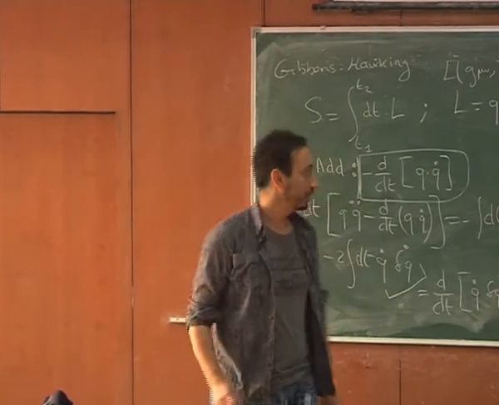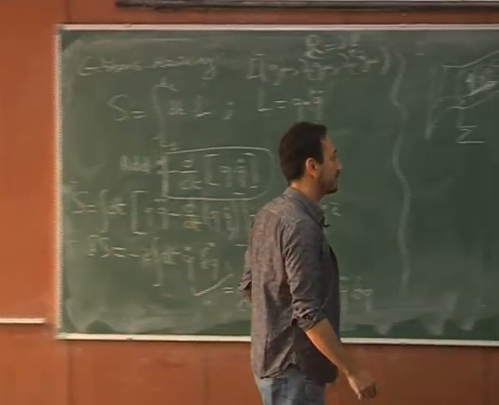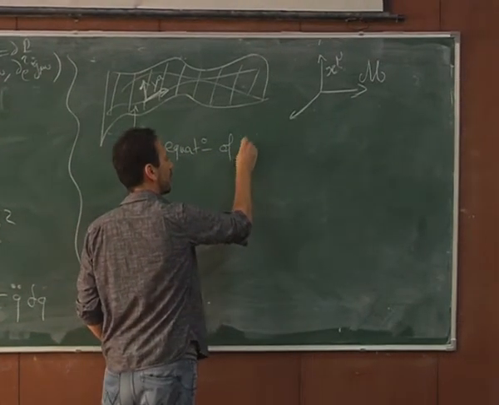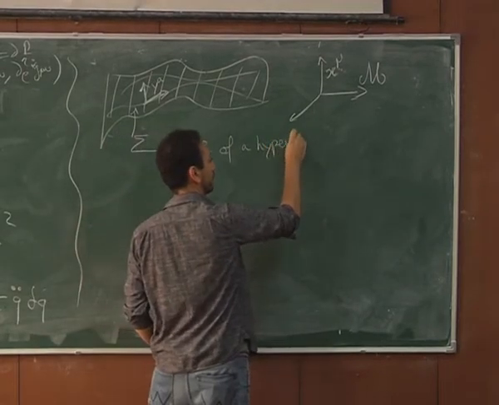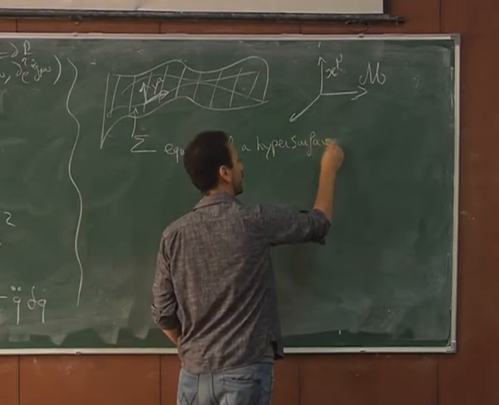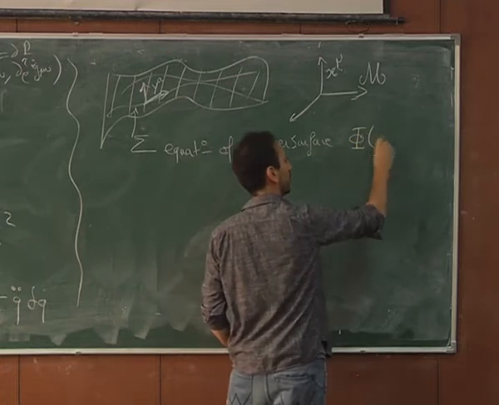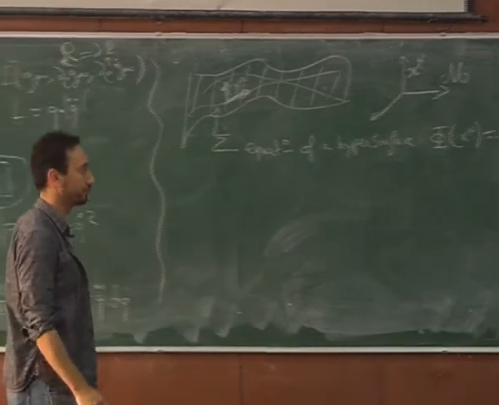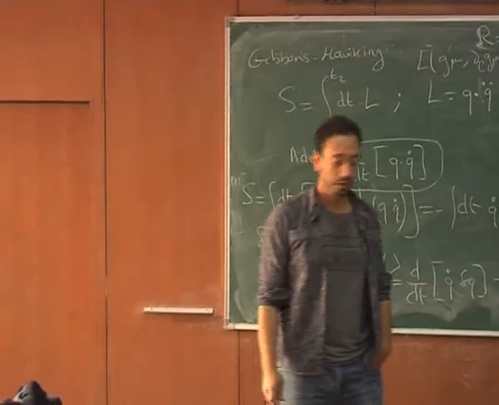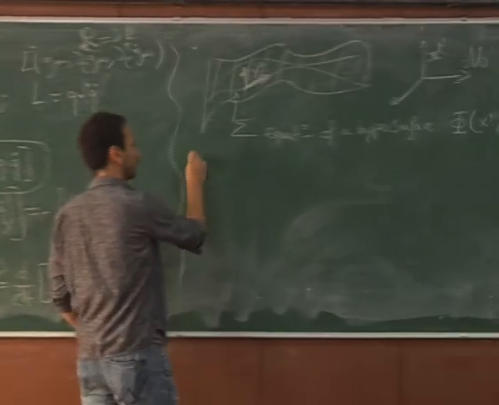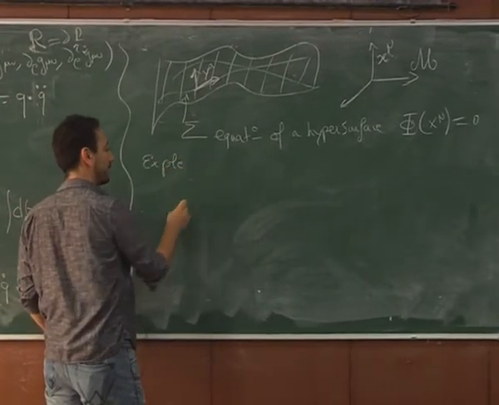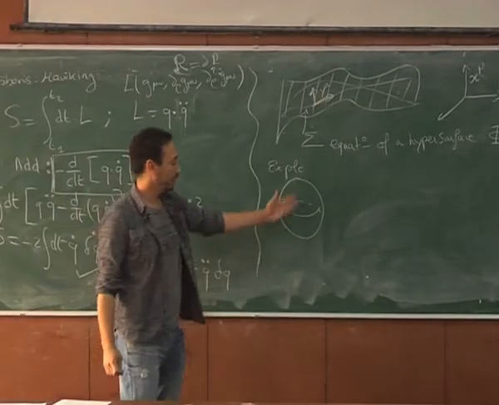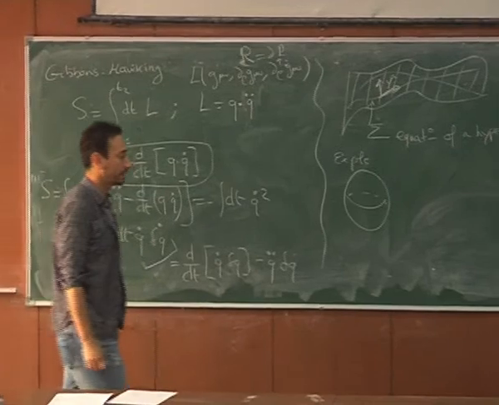How do we define the equation of the hypersurface? The equation of a hypersurface is something which is a constraint on the coordinates x mu, any form of constraint. Let me give an example. If you take a hypersurface which is just the surface of a sphere, what is the equation?